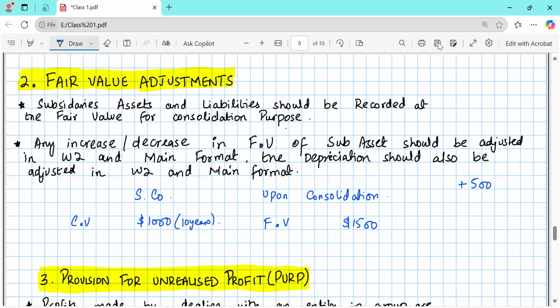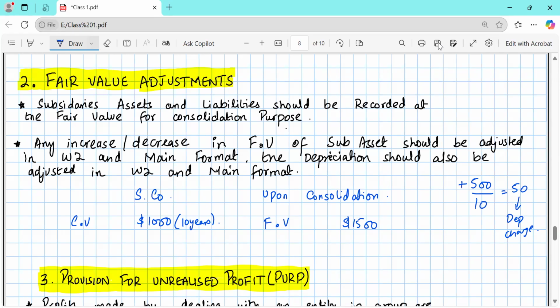And then you have to charge the depreciation on that extra. The remaining useful life was 10 years, so 500 divided by 10 is 50. This is the extra depreciation that you need to charge. So you will increase the value by 500 and then deduct 50 from it. Why? Because the statement you are preparing is at the reporting date, and depreciation is charged at the reporting date.